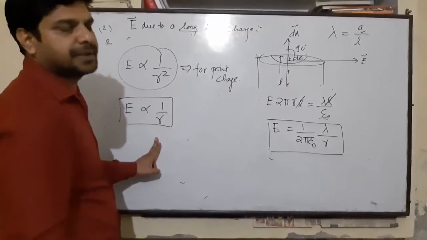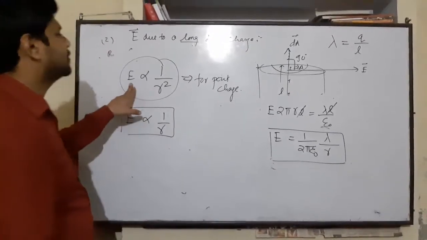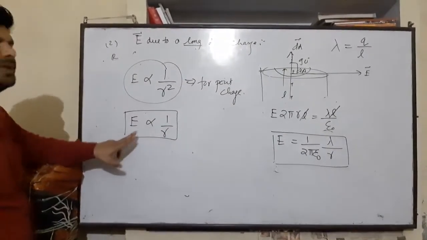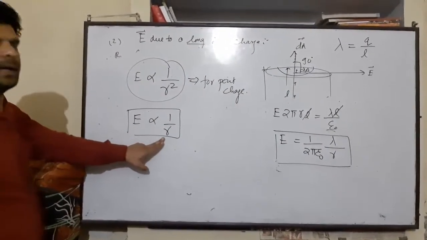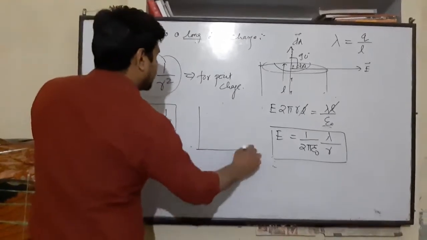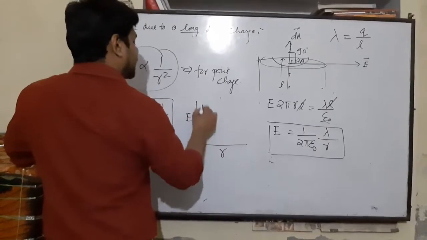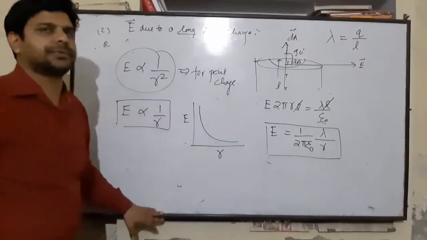This is a very important difference between intensity due to a point charge and intensity due to a line charge: the dependency of E on R. If you plot a graph for E and R, the graph will be like this.